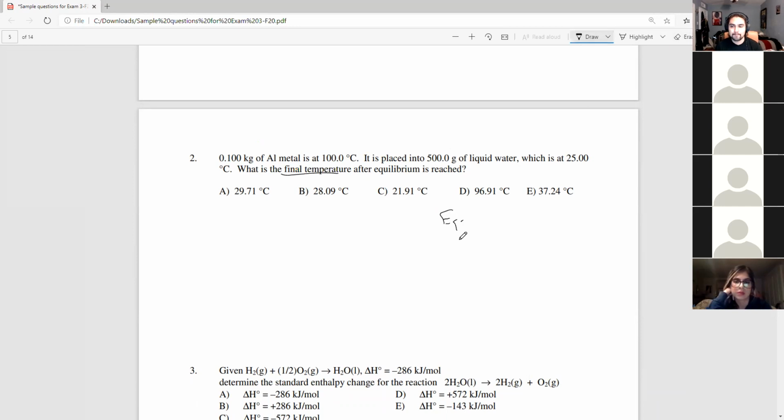Q equals m s delta T. And then there's one other equation we have to use: Q_A equals negative Q_B.